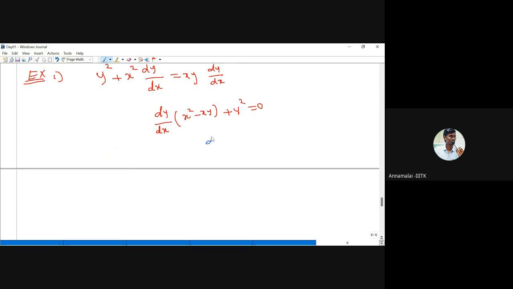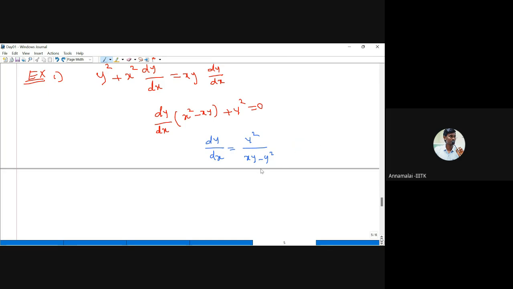So therefore, we get dy by dx equal to y square by x square minus xy, which can be written as y square by xy minus x square, because we already have a minus, so we can adjust the minus. Now we have to write this in the form f of y by x. Anyway, this is a homogeneous function. This is actually f of x comma y. If you substitute x equal to lambda x, y equal to lambda y, you will get lambda times f of x comma y.